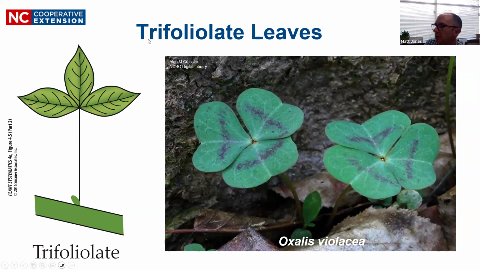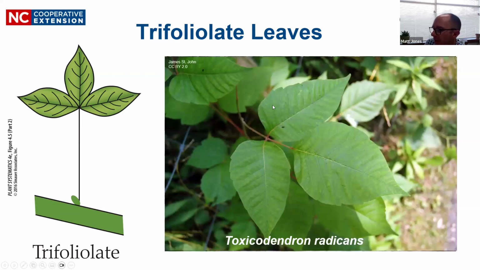I was told by important people that know these things that trifoliate would literally mean 3 leaves on the entire plant. So do me proud, say trifoliolate. So this is oxalis, which has 1, 2, 3 leaflets, a trifoliolate compound leaf. Poison ivy is also well known for this, 1, 2, 3 leaflets on a single trifoliolate compound leaf.